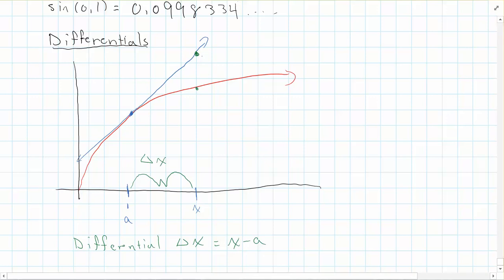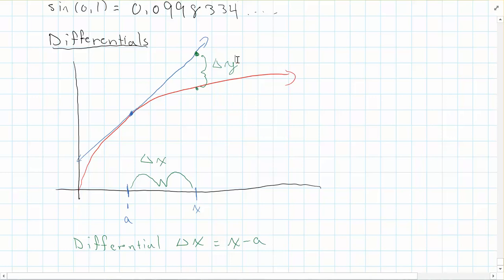Well, we're going to label one more. The other one we're going to label here is this one, and this we're going to label delta y.